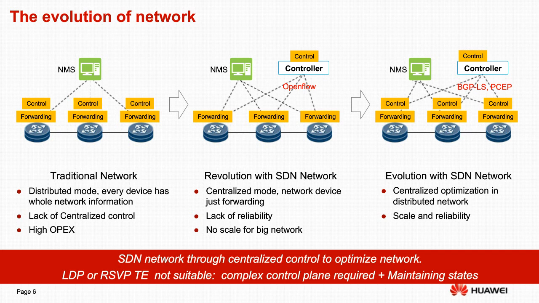It is a problem. So in order to resolve this kind of issue, in SDN the control plane and the forwarding plane are separated from the beginning of the design. The controller is deployed, and it controls everything in the network. The device just receives the forwarding table through the OpenFlow protocol, and executes the packet forwarding directly.